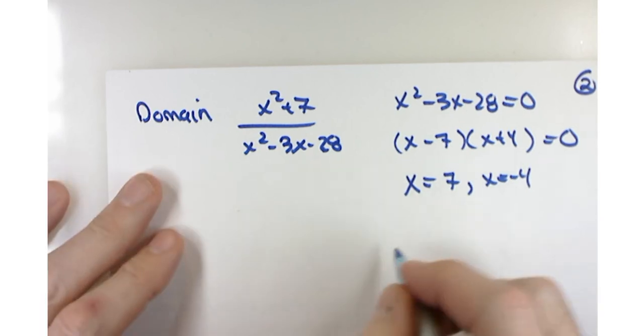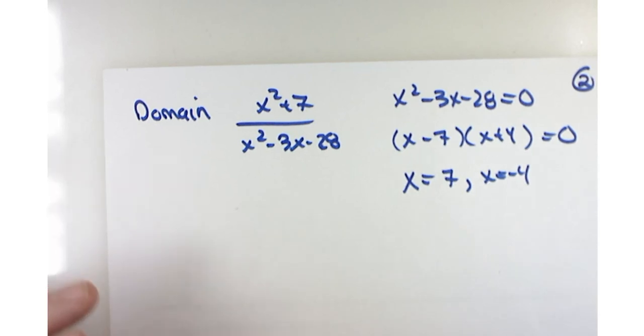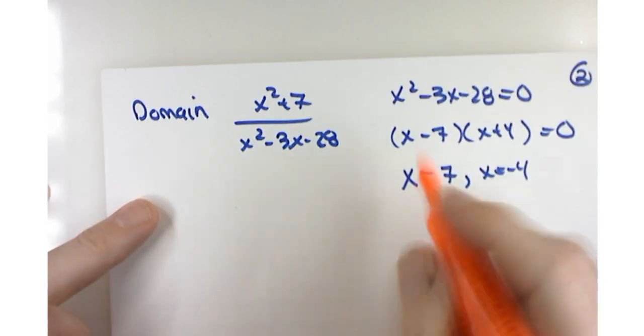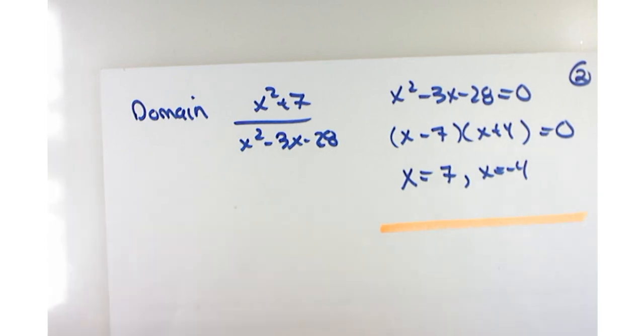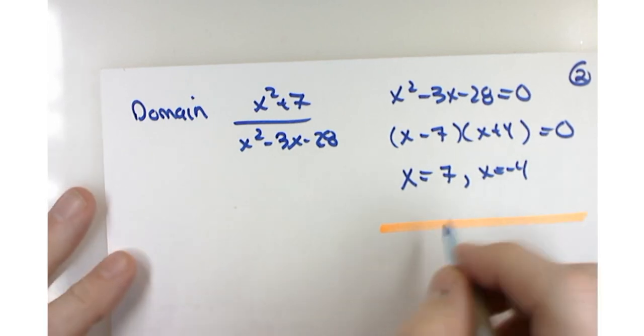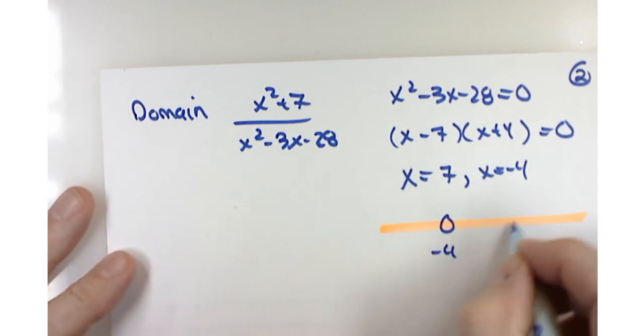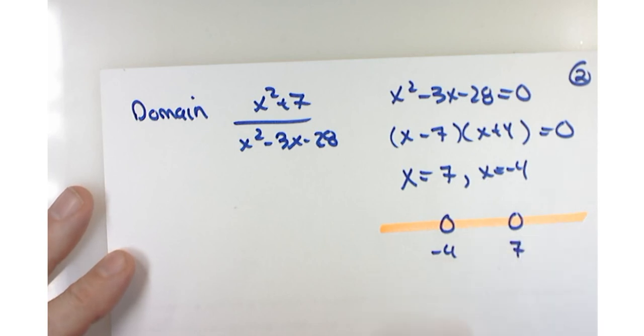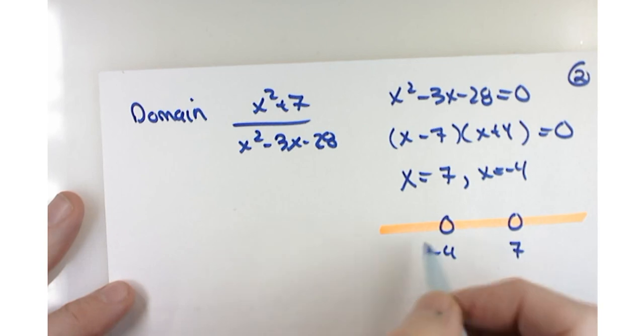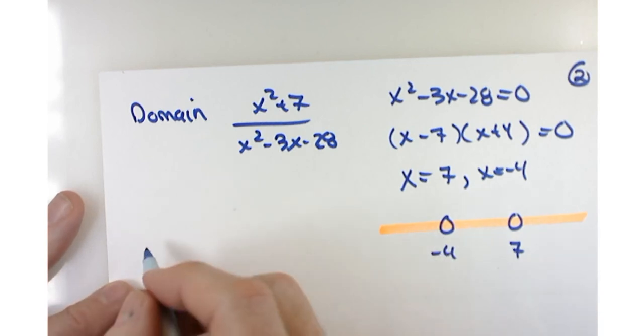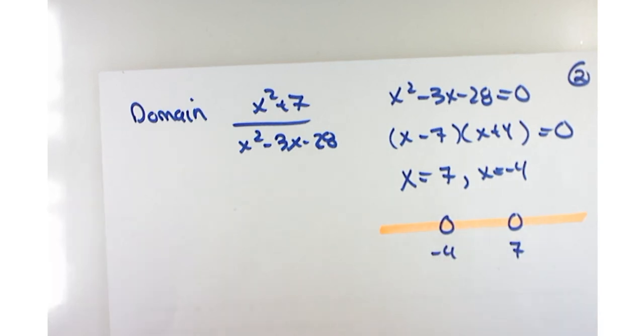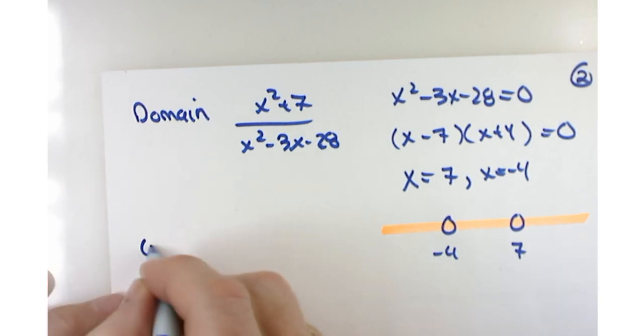So basically we've got a number line, and it's not a bad idea to draw things visually for yourself. You have -4 and 7, and I want to figure out what each of these intervals is. There's one to the left of -4. What would that one be? Negative infinity to -4.